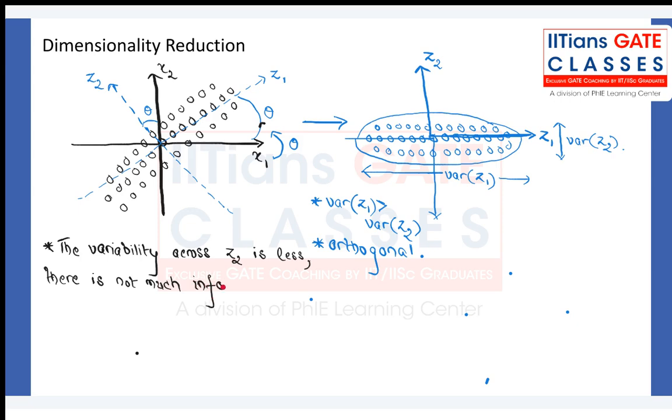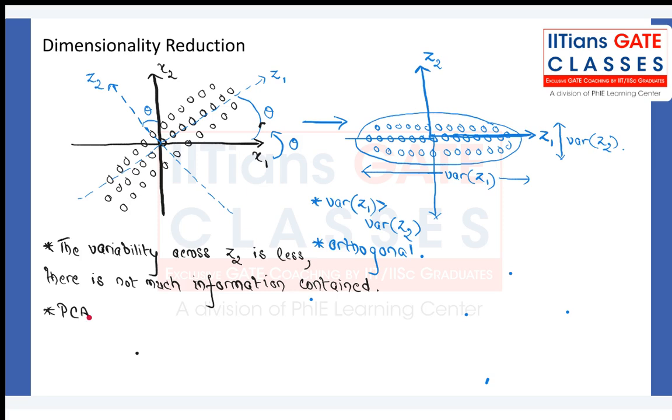Now, this might also answer one more question you might have: what does PCA try to maximize when trying to reduce the dimensionality? There is a question in the MCQs that I have planned today.